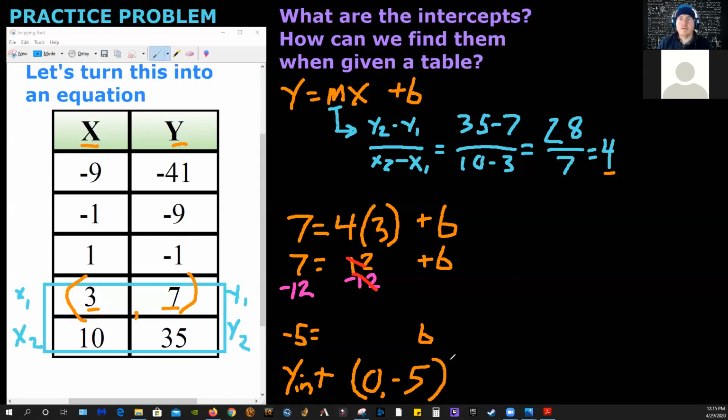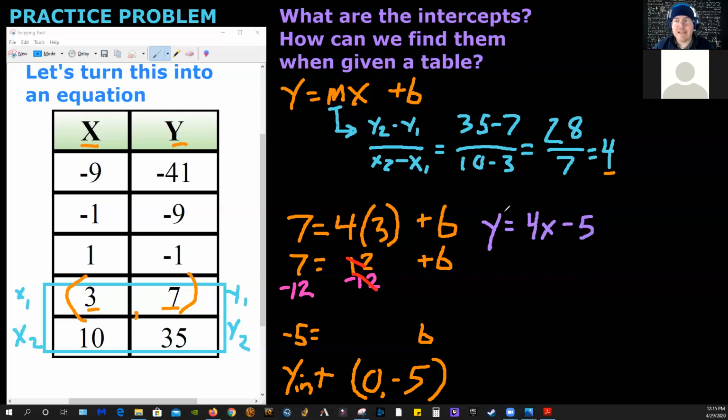So we've gotten our y-intercept. Now, how do we use the information we've uncovered here to find our x-intercept? Well, we know that b is equal to negative 5. Therefore, we can rewrite the equation as this. Here's our equation. Let me get a different color. So now we know that y equals 4x minus 5.